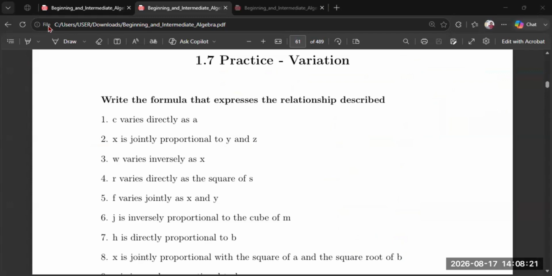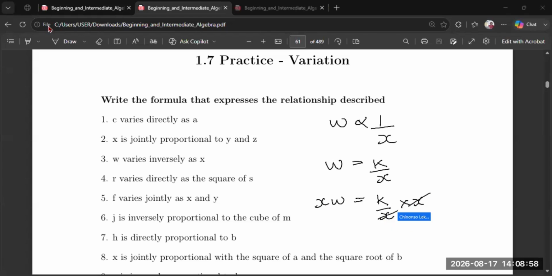So it is W varies inversely as X. So W varies inversely, so that will be the inverse of X. And then to introduce the constant of proportion, we have W is equal to K all over X. And then to get the value of K, which is the constant, we multiply both sides by X. So X multiplied by W is equal to K all over X multiplied by X. This X cancels this X, and we're left with K is equal to XW. So this is the simple way of solving it.